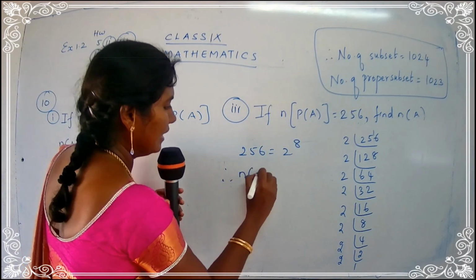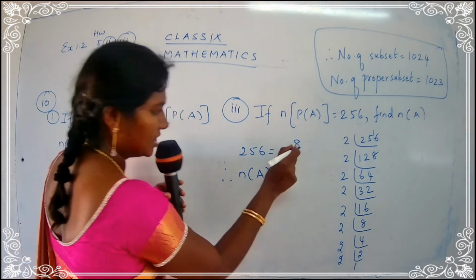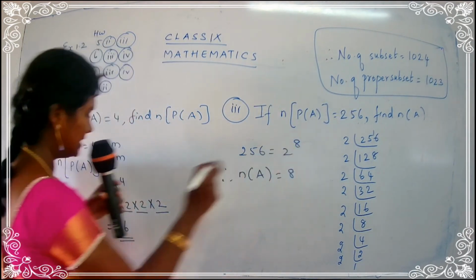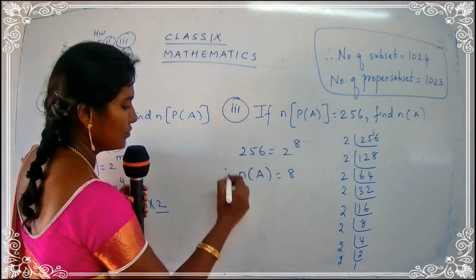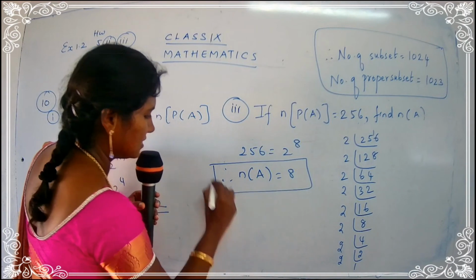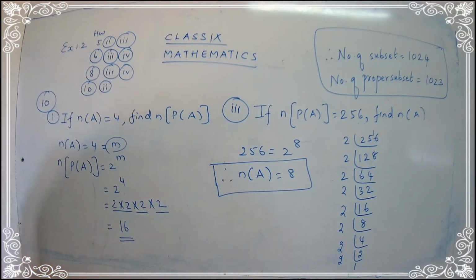Therefore, n of A is equal to 8. We're just going to focus on the m part. What is the m part? The power. What is the power here? 8. So n of A is equal to 8. Simple sum.